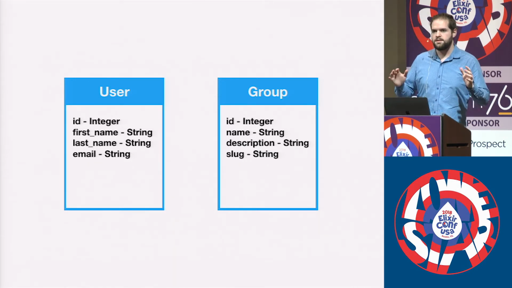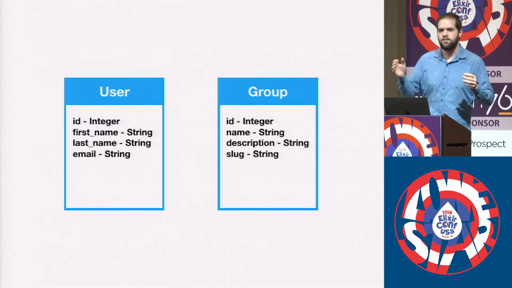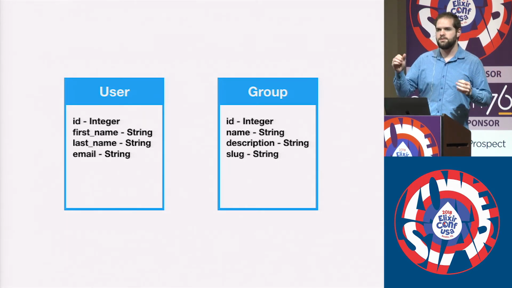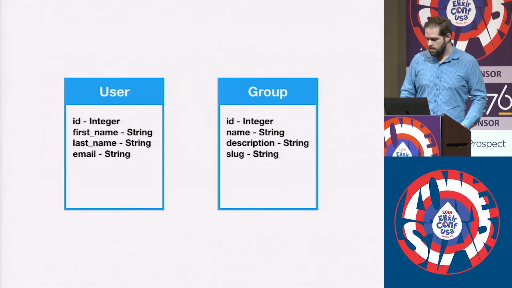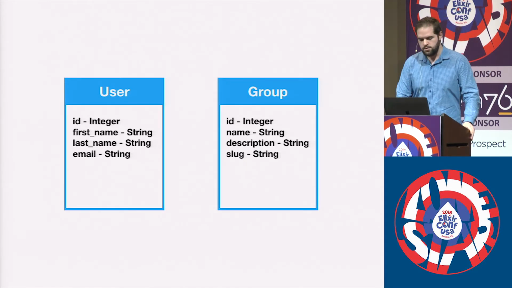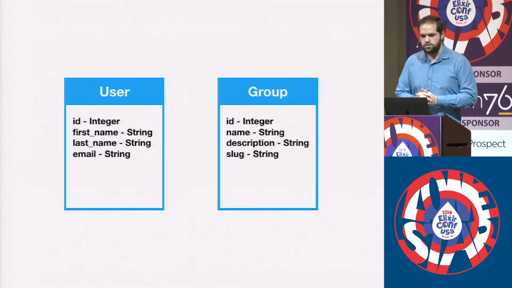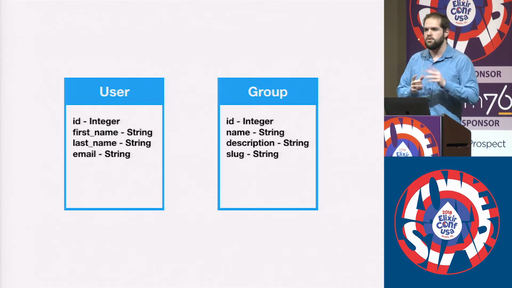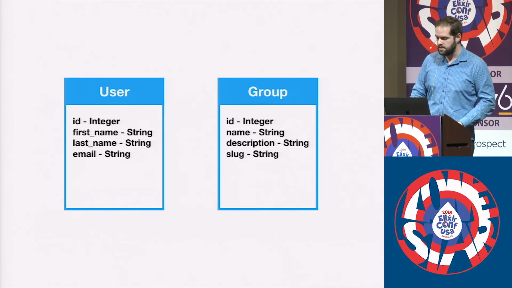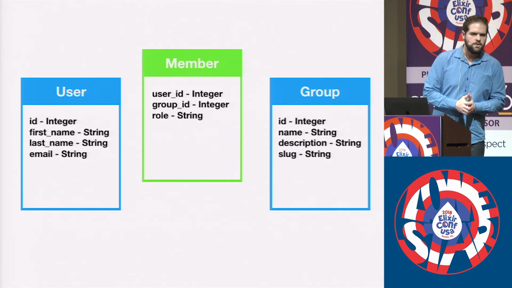But in order to show which users are members of which group, we want to have a membership. The way we're going to do that is by creating a member join table. That join table needs to specify a user, a group, and a role, similar to what you'll see here.